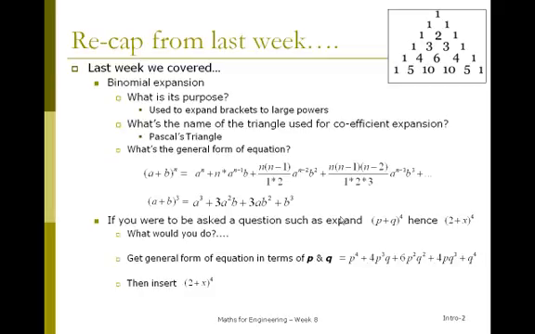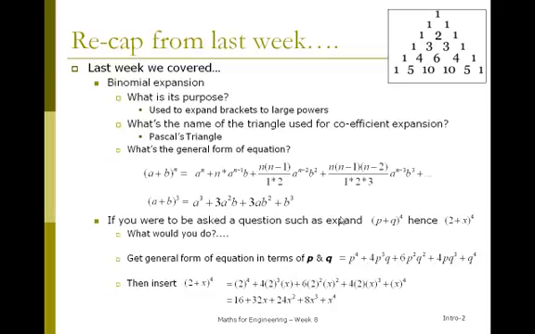Then, if we wanted to solve for (2 + x)^4, we insert 2 and x into the general form of the equation that we calculated for p and q. Everywhere that we have a p, we replace it with a 2, and everywhere that we have a q, we replace it with an x.